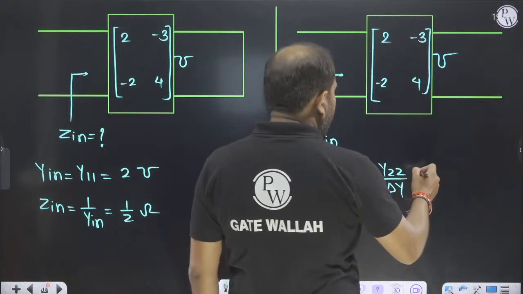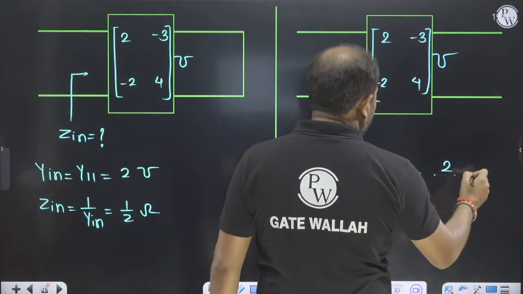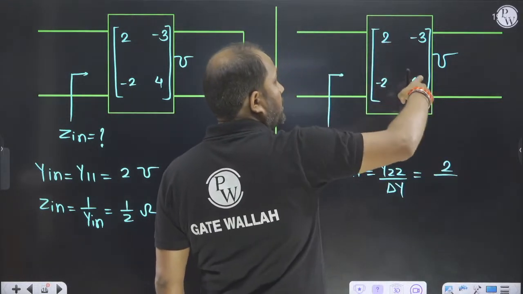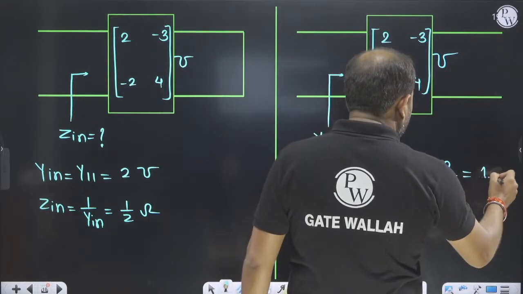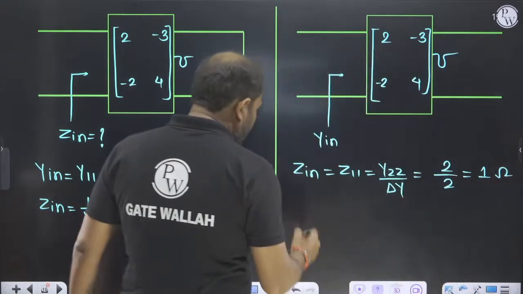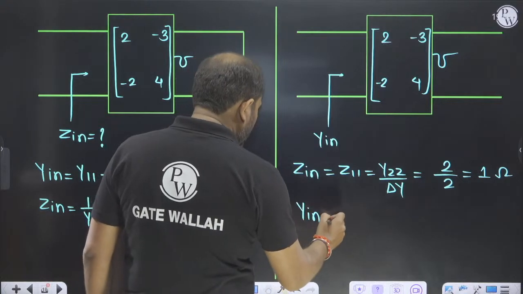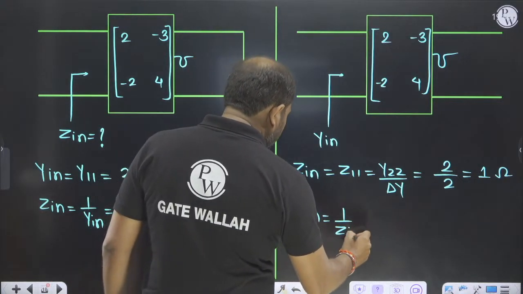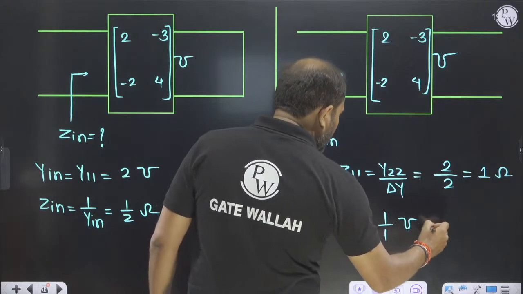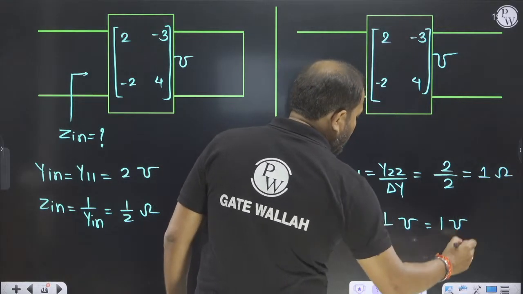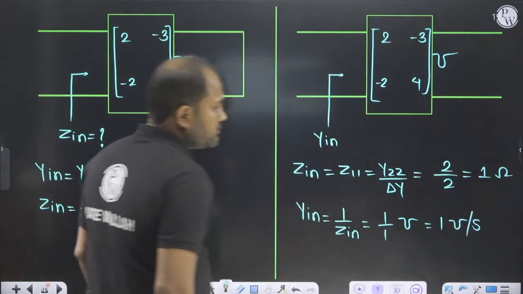Y22 is 2. Delta y is 4 twos are 8, 3 twos are 6, so 2. So it will be 1 ohm. So y in will be equal to 1 by Z in, so 1 by 1 mho. So 1 mho or Siemens, anything you can write.